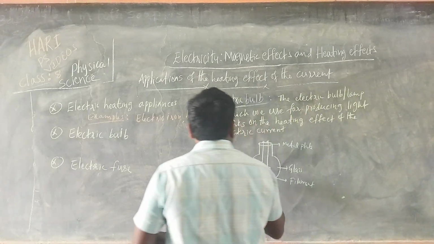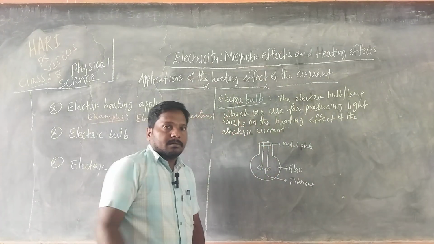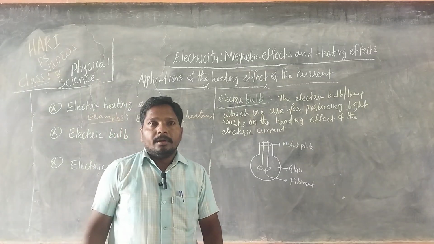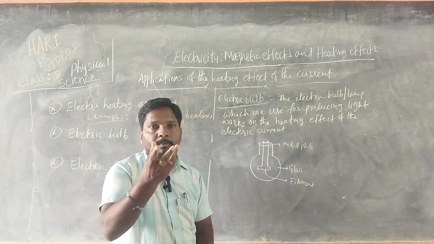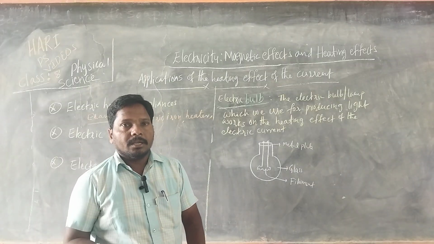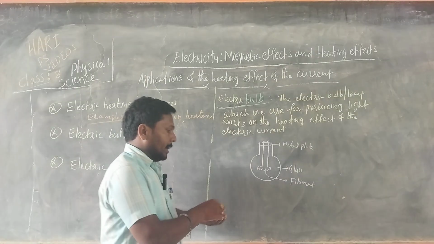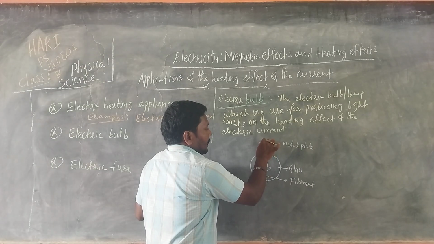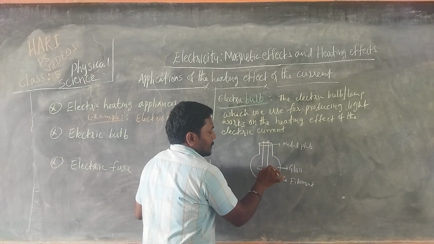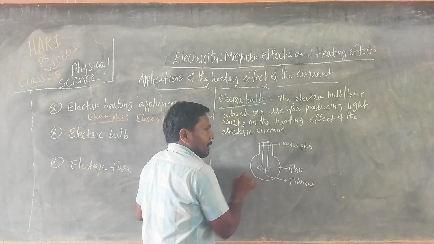Whenever we fix the electric bulb into the bulb holder and switch it on, the electric current is passed through a small thin metallic wire.